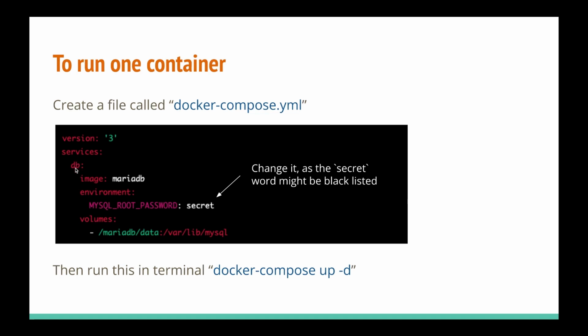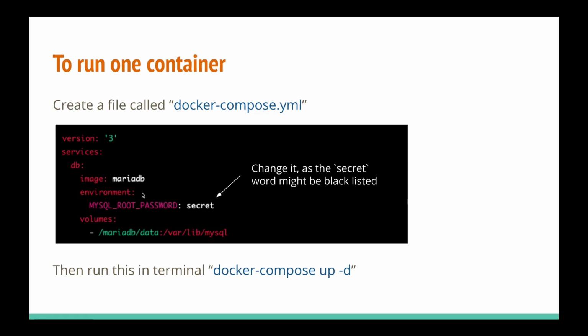Here we have only one of them called db, and the image of it is MariaDB, the latest version, with this environment variable, and then this volume to not lose the data generated by the MariaDB container.